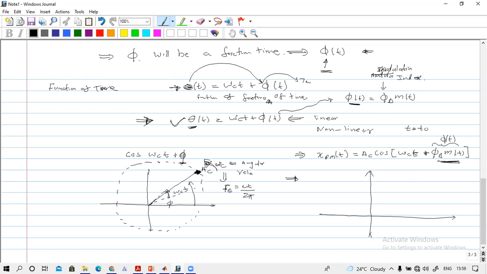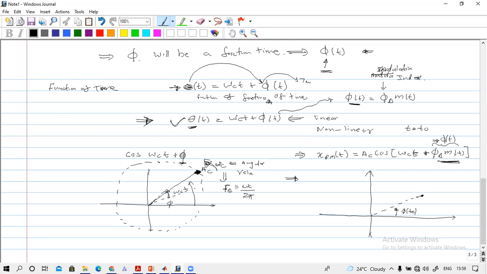You can see that our particle, this point, will move at time t with some phase, traveling according to the time, this phi t.